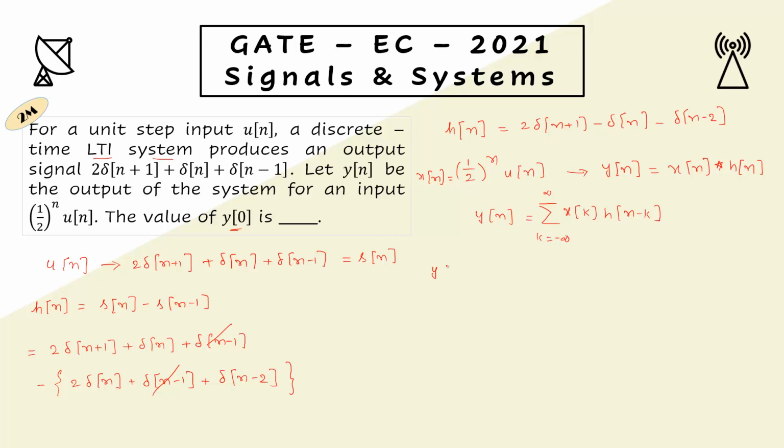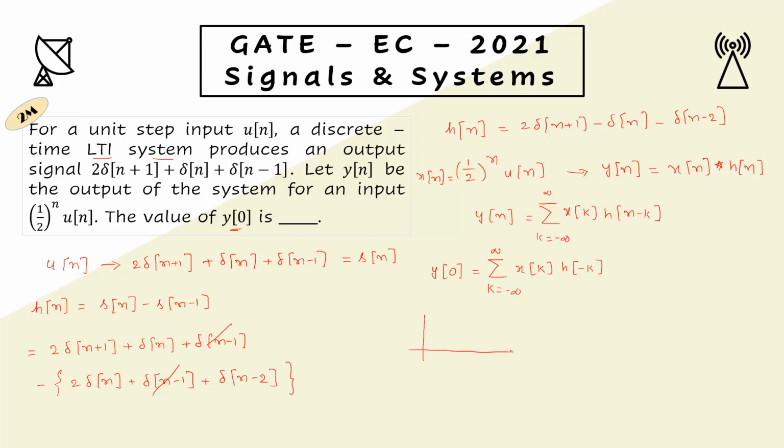So what will be our y of 0? We have to replace n with 0, so you get summation k equal to minus infinity to infinity x of k times h of minus k. Now let us try to evaluate this summation. First let us plot x of k.